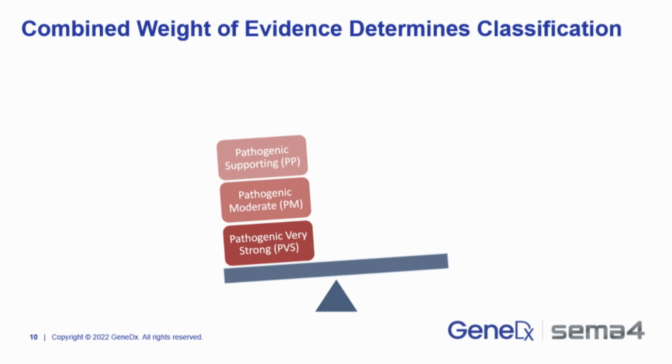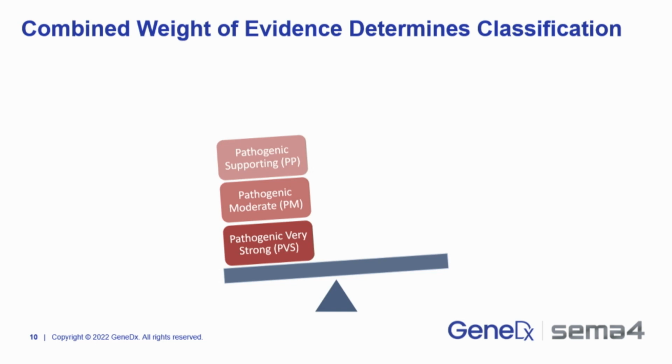So here's an example of that. This would be a straightforward example where we see a variant. Maybe this is a nonsense variant, and as Lena said, those are predicted to generally cause loss of function. The protein is short, it's very abnormal, it's not going to be able to work properly in the body. And so just knowing that we have a nonsense variant is usually enough for us to use a very strong pathogenic criteria. And then maybe we also know that that variant was de novo in that patient, so neither of the parents had it, which also supports it being pathogenic.